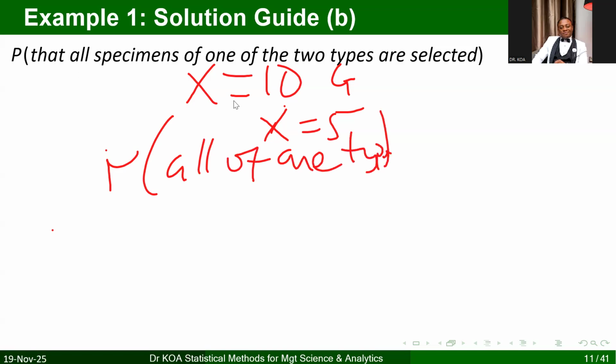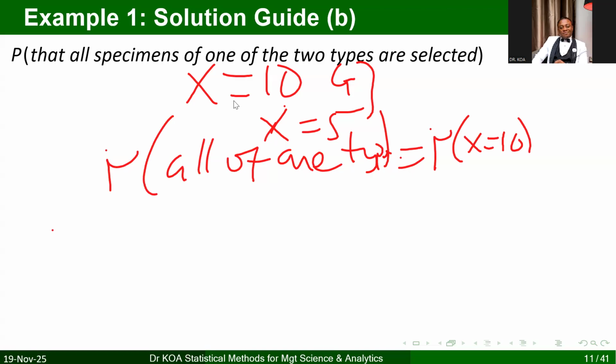Now we know that if we're looking at the probability of all of one type, then we are looking at the possibility of these things up here, because we are dealing with granite here. So we're going to have the probability that X is equal to 10 for granite, that is if all of the granites are selected. And remember, we are focusing on granite because for the others, it's implicit.